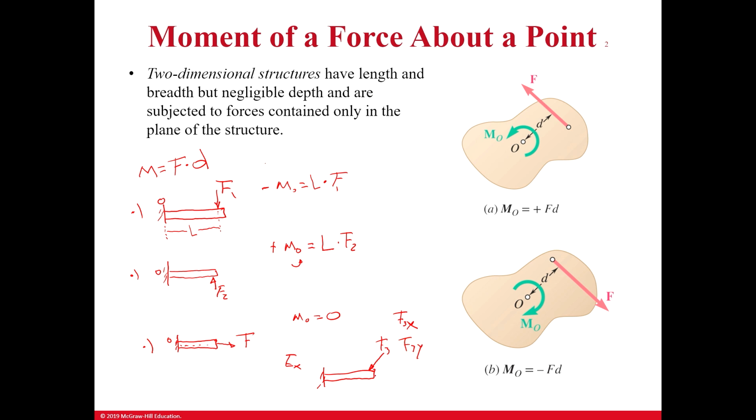Okay, but notice that F3x is parallel to the axis. F3y is perpendicular to the axis. So the moment because of F3x is equal to 0. And the moment because of F3y is just the case of F3y times L.